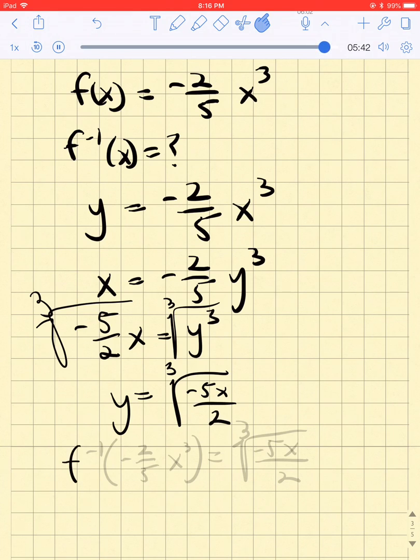This is f inverse of negative 2 fifths x to the third, which is equal to the third root of negative 5x over 2.